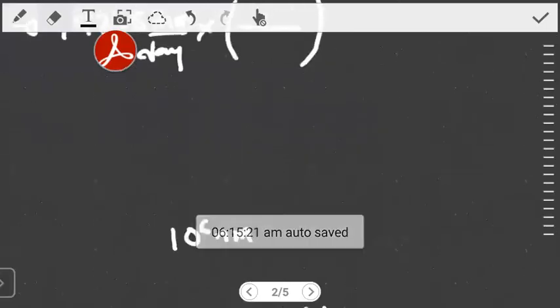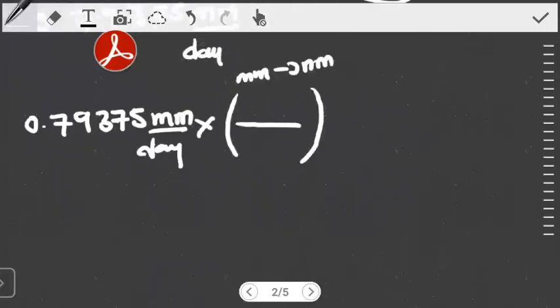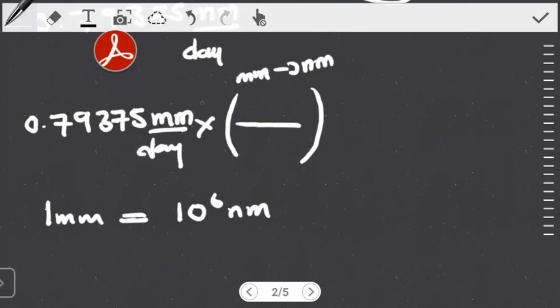Okay, so here, of course, we saw that in every 1 millimeter, we have 10 to the power 6 nanometers. Okay, so once we've established this, you want to look at the unit you want to eliminate. You want to eliminate the millimeter, and it is in the numerator. Since it is in the numerator, we're going to put it in the denominator.